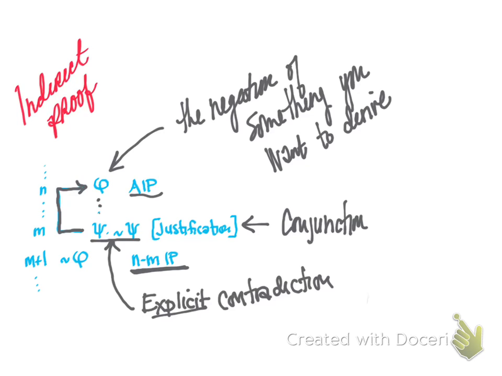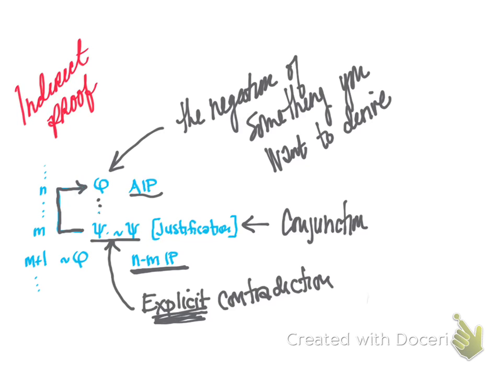I can't stress enough that your assumption can be anything you want. There's no restriction, so it really depends on what you are trying to prove. You may end or close your subproof only when you have derived an explicit contradiction, and we mean something very specific by that. Once you have closed the proof, the very next line after you have closed it has to be the negation of the AIP.